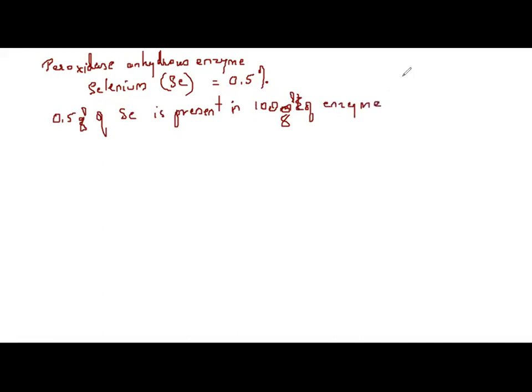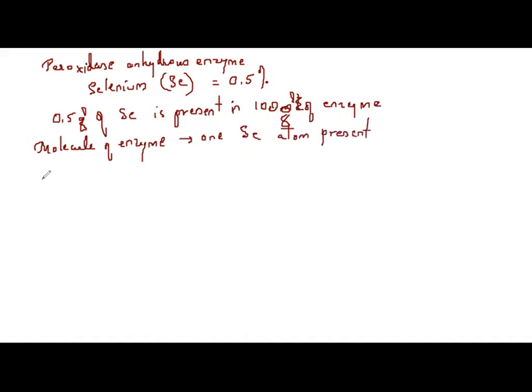100 grams of enzyme. If you consider the molecule of enzyme, in the molecule of enzyme, selenium's atomic weight is 78.4. One selenium atom will be present, correct?